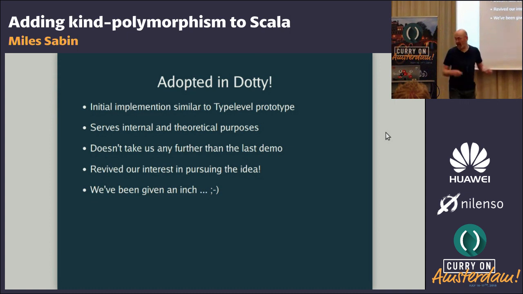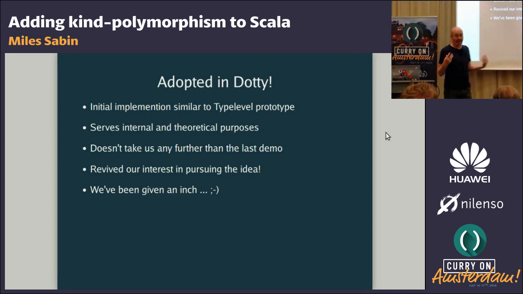And it seemed a relatively simple thing to add. So it's present in the current releases of the Dotty compiler in more or less the form that I've shown you. The interesting thing is it doesn't take us any further than that last demonstration. There's still no polykinded application.